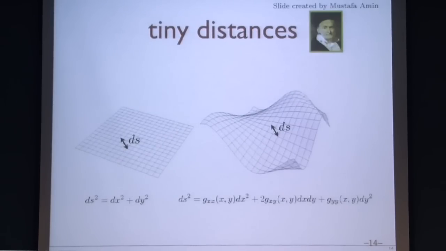And for non-Euclidean geometry, we generalize that by allowing each term in this quadratic expansion to have its own prefactor. And those prefactors can be functions of position. So g sub xx is just a function of x and y. And g sub xy is another function of x and y. And g sub yy is another function of x and y. And the distance function is taken as the sum of those three terms.